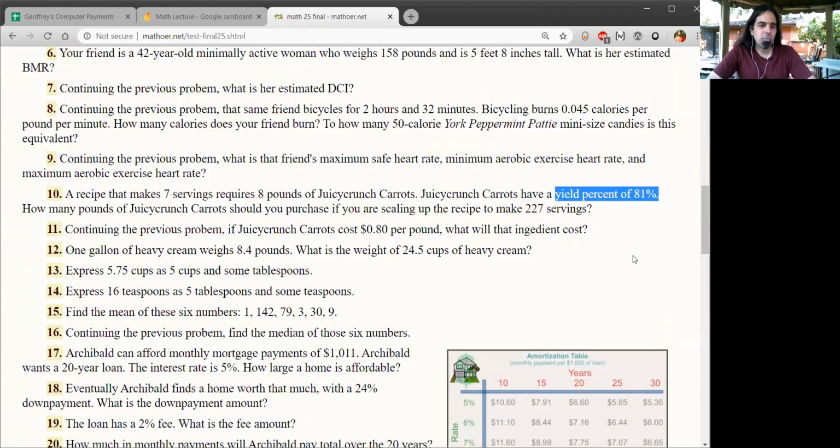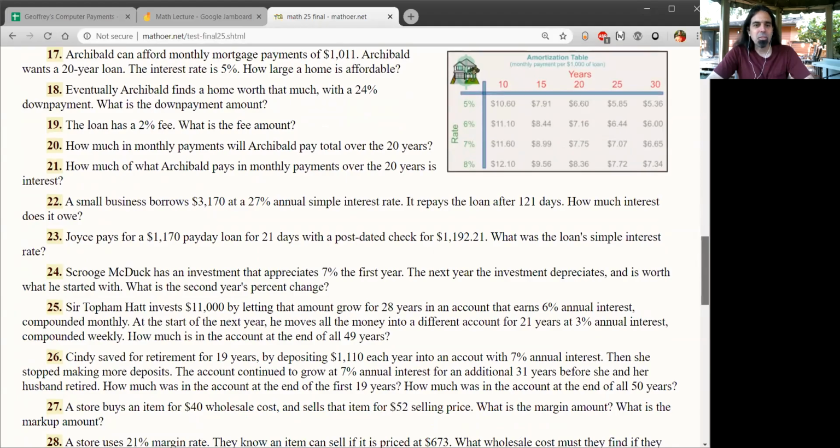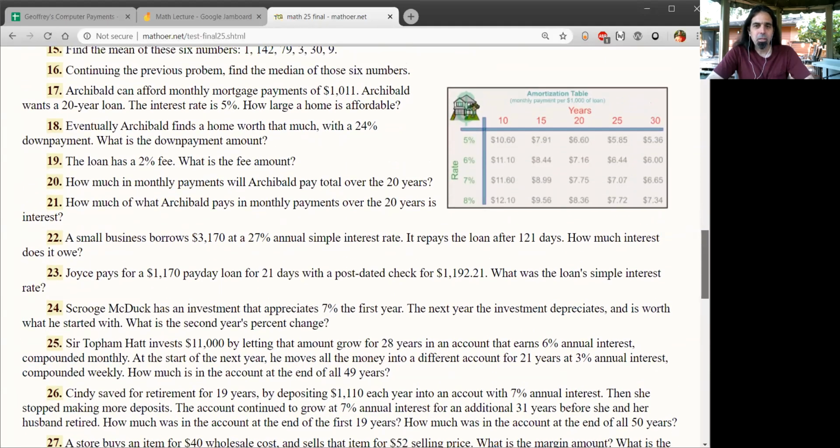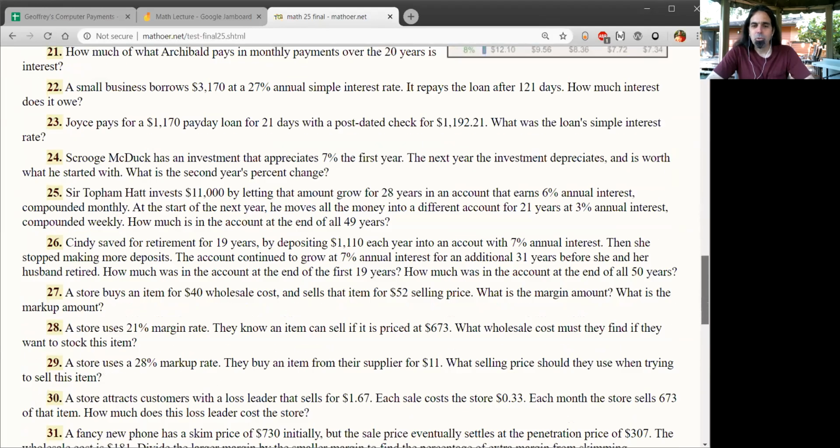Part of your job as the term wraps up is to make your notes efficient. One big use of these practice tests is that you'll say, oh, I forgot to put how many calories are in grams of this or that on my notes, and I have to go back and do that. So yes, you'll need your simple, compound, sum of annuity formulas. You'll need some example problems. So make your notes nice.